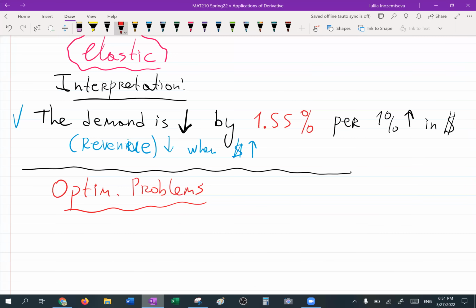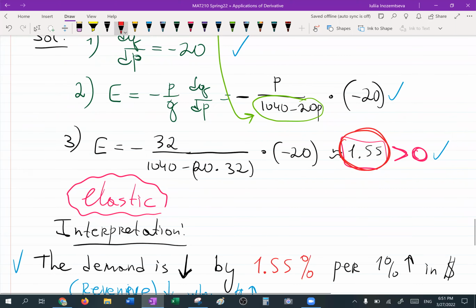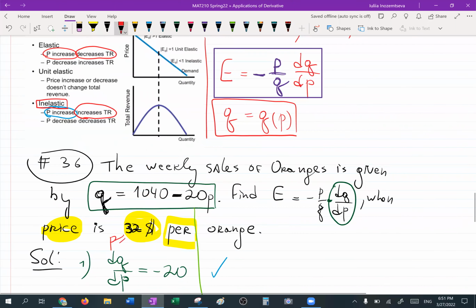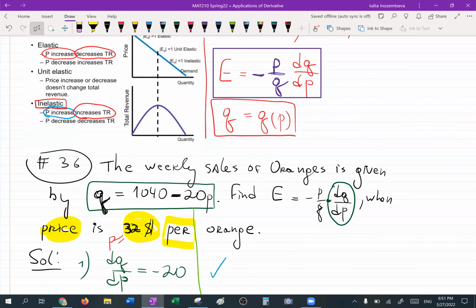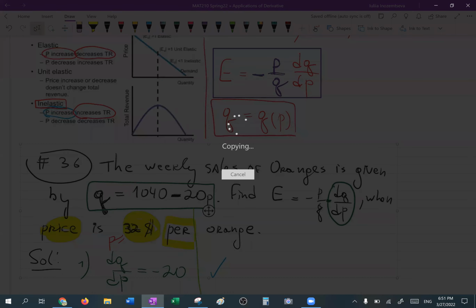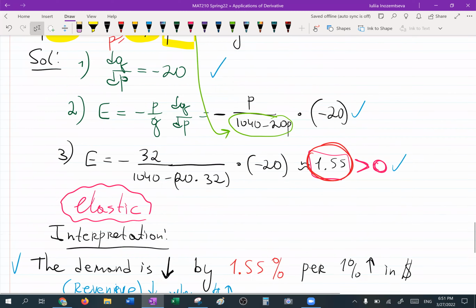So let's see. Taking exactly the same problem. Look at that. I'm going to cheat the system here. I will take exactly the same problem, so just copy it. That is hardcore copying.